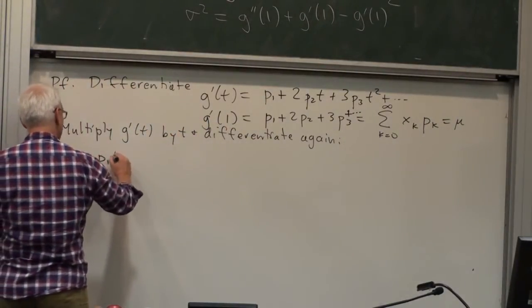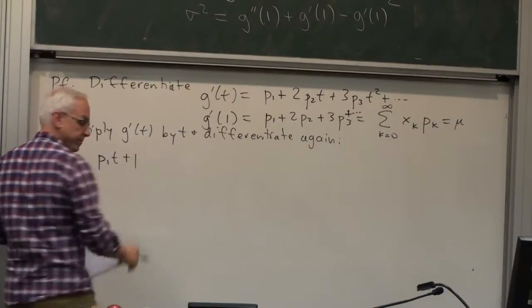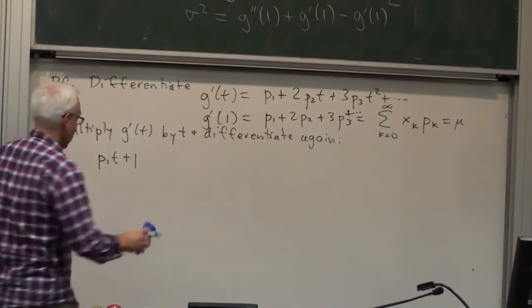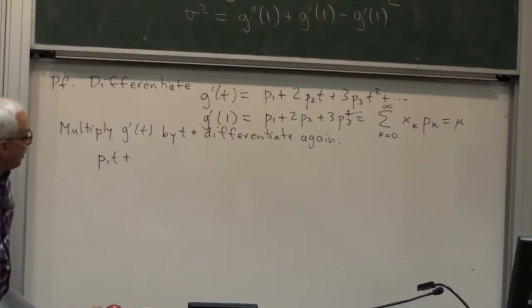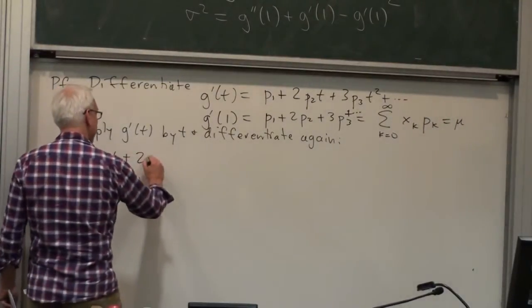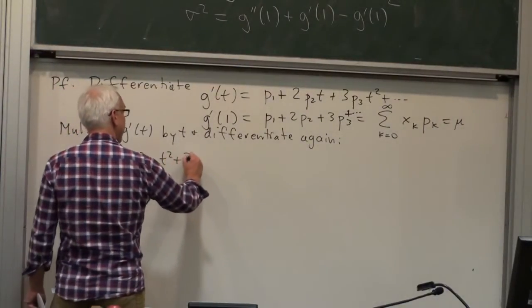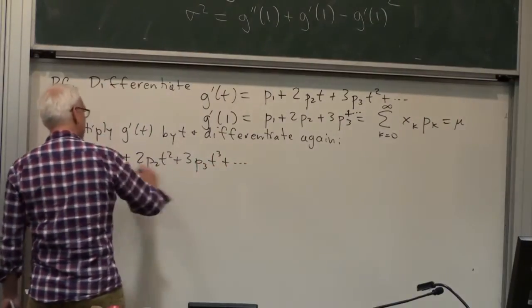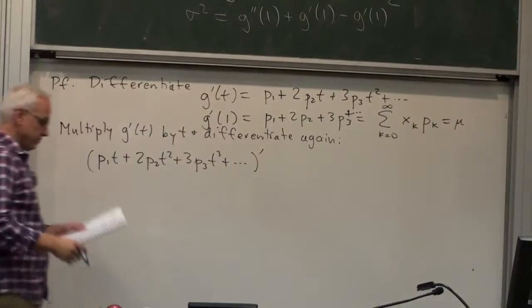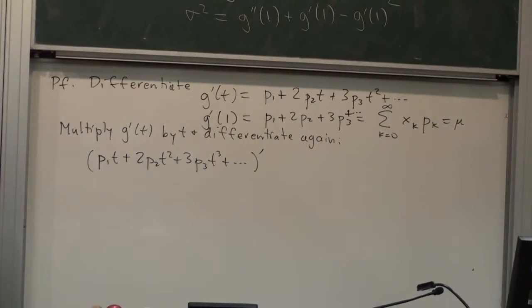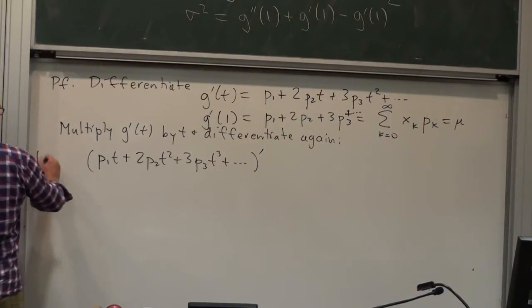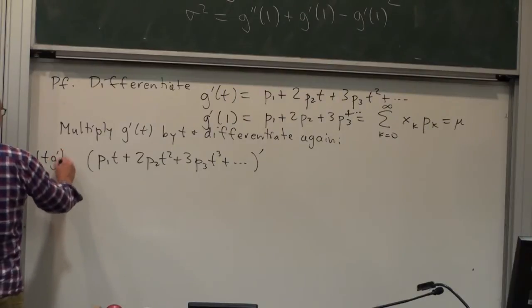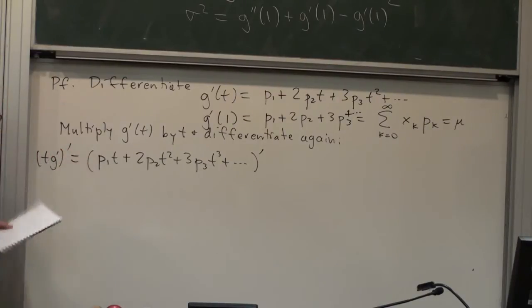So I get p1 times t plus 2p2 times t squared plus 3p3 times t cubed, and so on. And I'm going to differentiate that. And maybe I should say, that's (t g prime) prime.